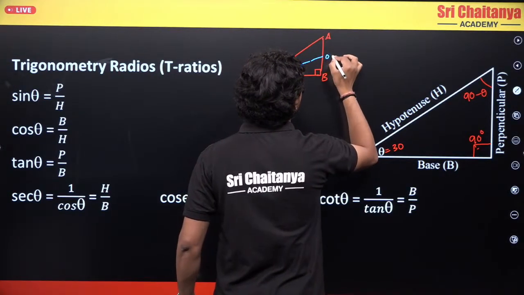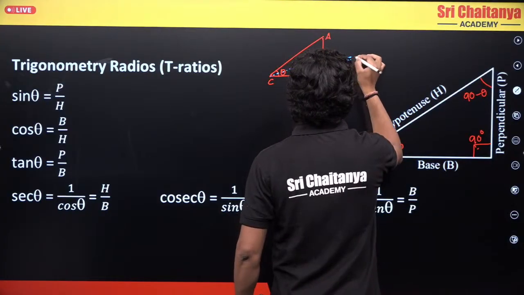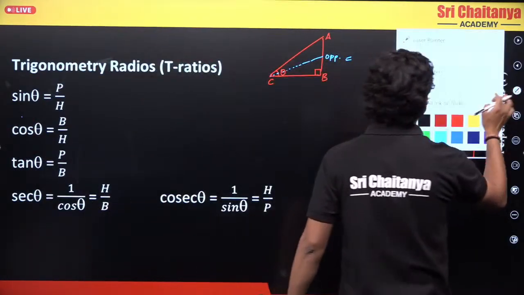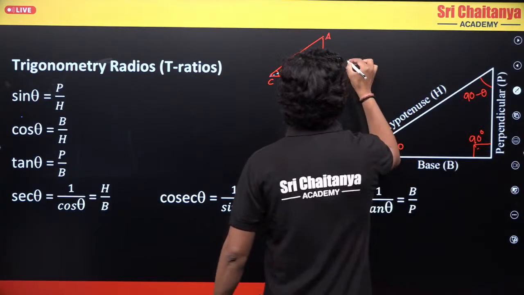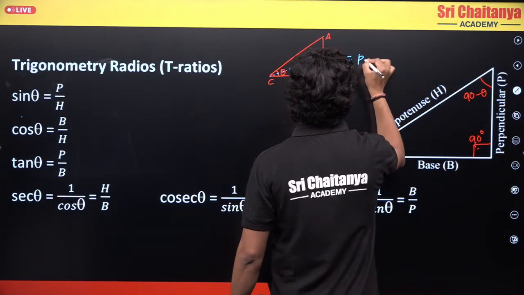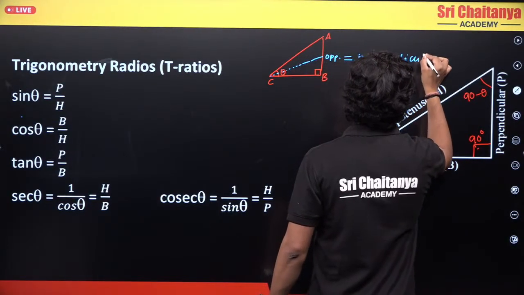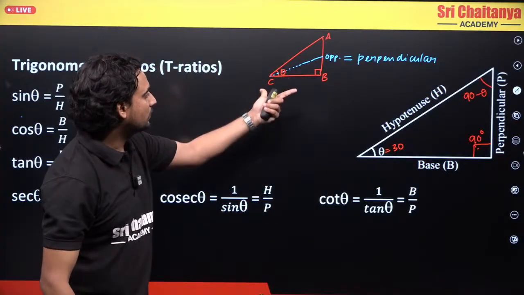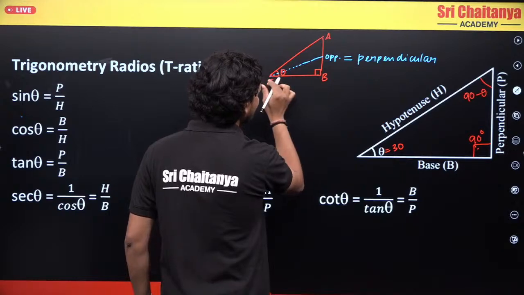So this is the opposite, or I can say this is my perpendicular, with respect to this angle theta. And what is this side?